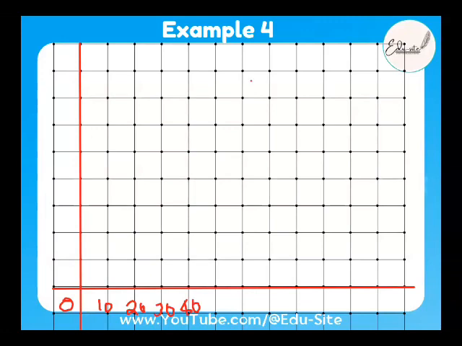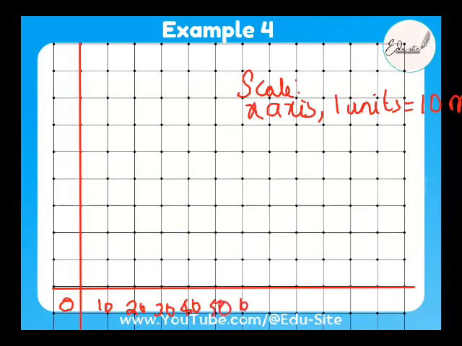So what unit will we take on the x-axis? Please tell me the scale. X-axis 1 unit is equal to how many marks? 10 marks. Okay, mashallah. 1 unit is equal to 10 marks. You have to write these units every time. Next 50, 60, 70, 80, 90, 100. Let it be till 100.